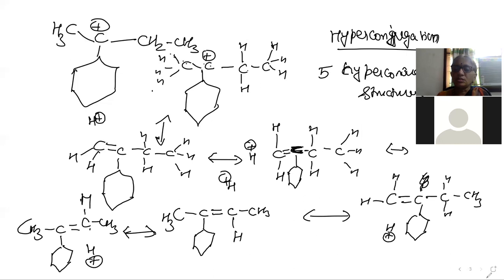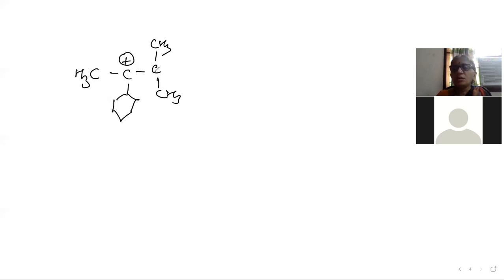I'll show you one more structure. For example, if I have CH3, C, the cyclohexane ring, and C, supposing I have a CH3 here. If this carbon is bearing a positive charge, then on the adjacent carbon on this side, there are no hydrogens directly. There should be hydrogens connected directly to the adjacent carbon which is carrying the positive charge.